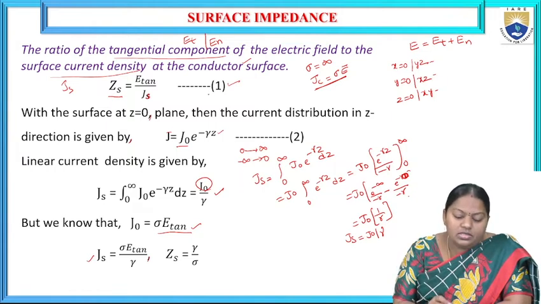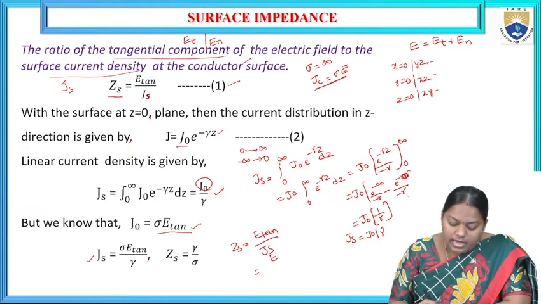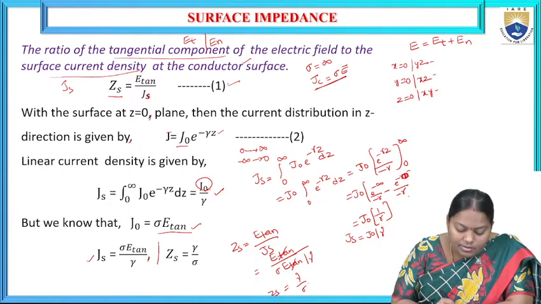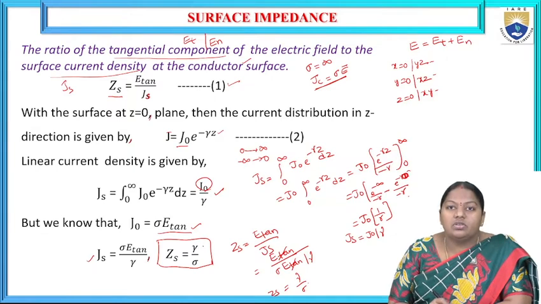Then from the definition of surface impedance, Zs is equal to E tan by Js. What is Js here? From this relation, E tan by Js is nothing but E tan divided by sigma into E tan by gamma. The E tan gets cancelled, and gamma by sigma is obtained. So from the surface impedance we have the relation Zs is equal to gamma, the propagation constant, by sigma, the conductivity of the medium.